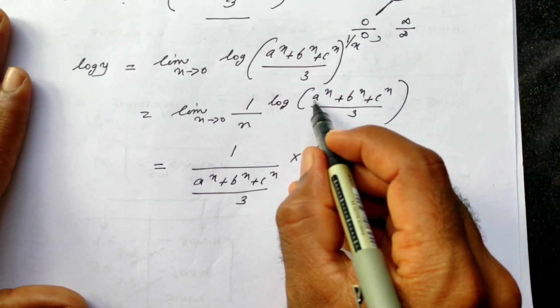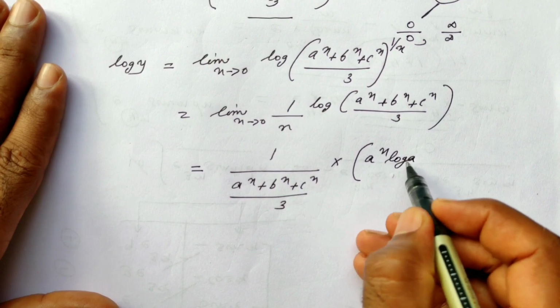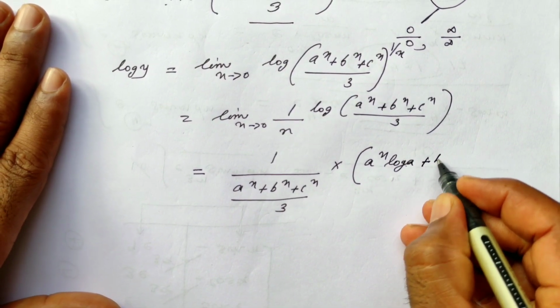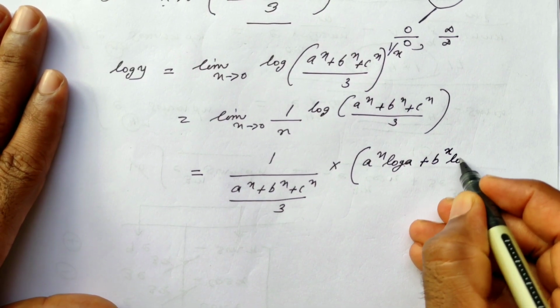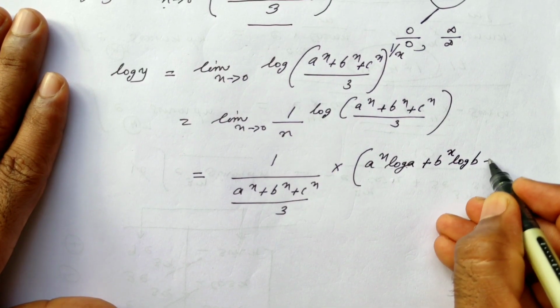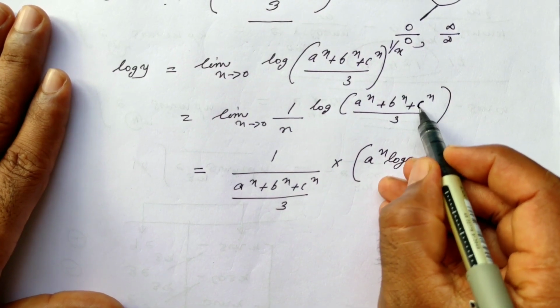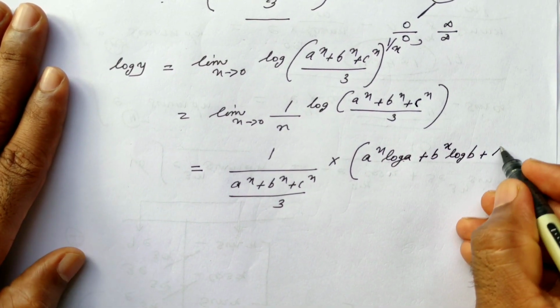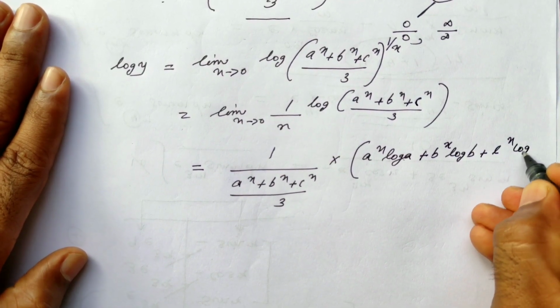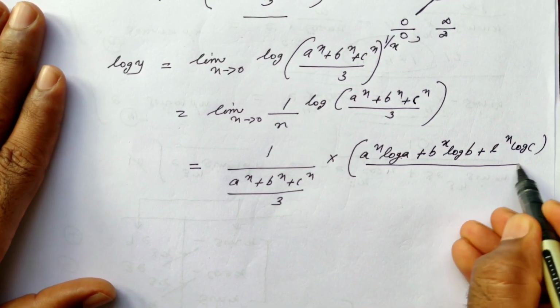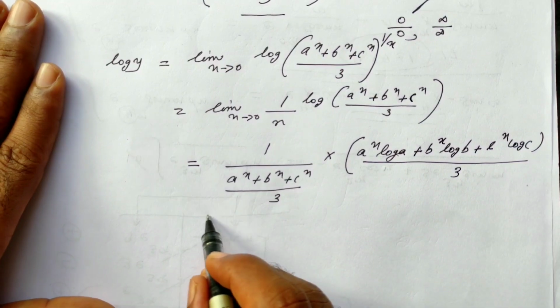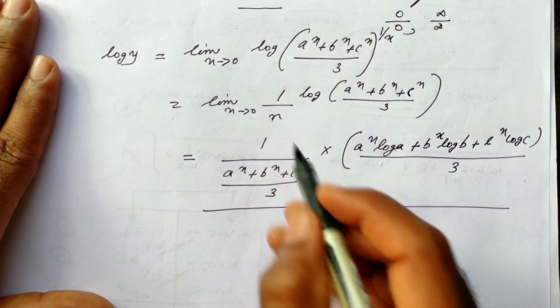We know the derivative of a raised to x is a raised to x log a, the derivative of b raised to x is b raised to x into log b, plus the derivative of c raised to x is c raised to x into log c, the whole divided by 3, and divided by the derivative of x, which is 1.